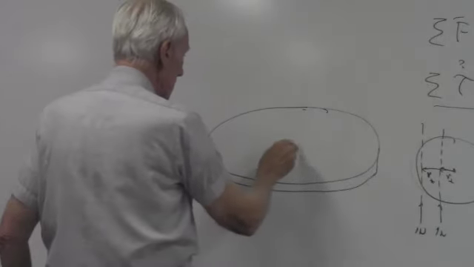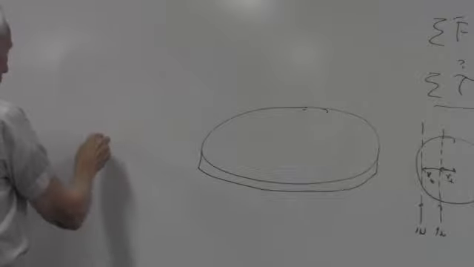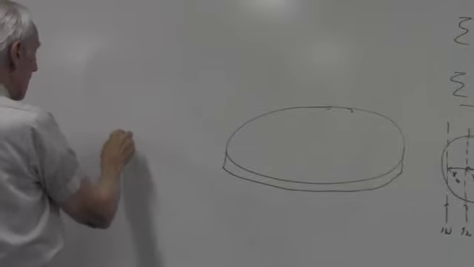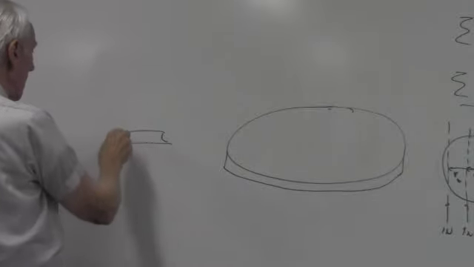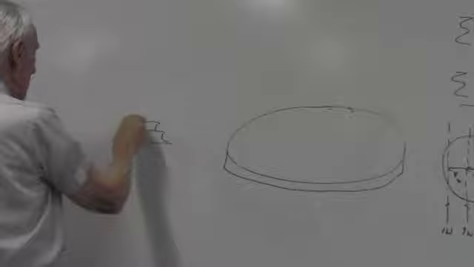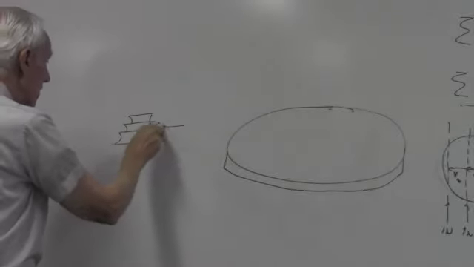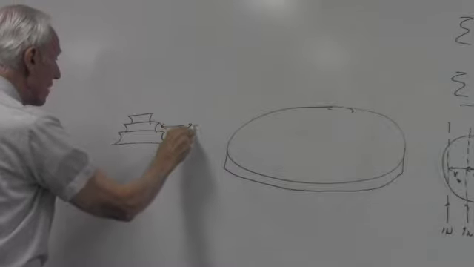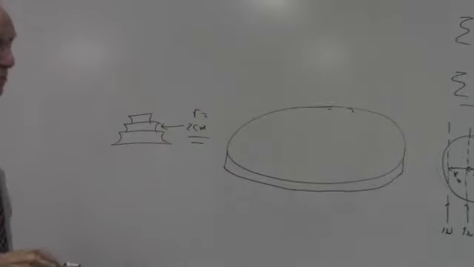On top of that disc there is a triple stack of pulleys. This is the side view of a pulley. There's another pulley on top of it, and another on top of that. This pulley here has a 2 centimeter radius. That's the pulley we're going to use.